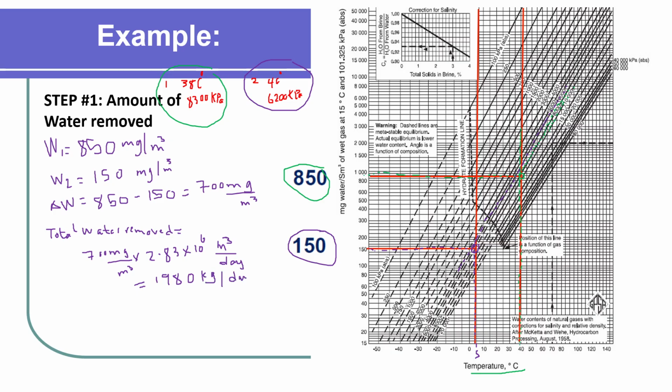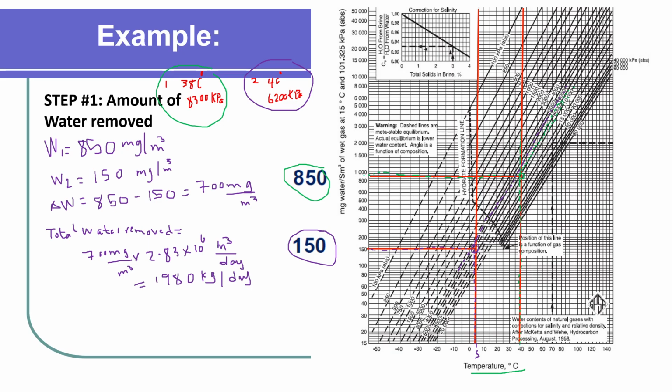So this means that once I process 2.83 times 10 to the power 6 standard meter cube of gas per day, 1980 kilogram of water is removed every day from this gas stream. So this is the first step.